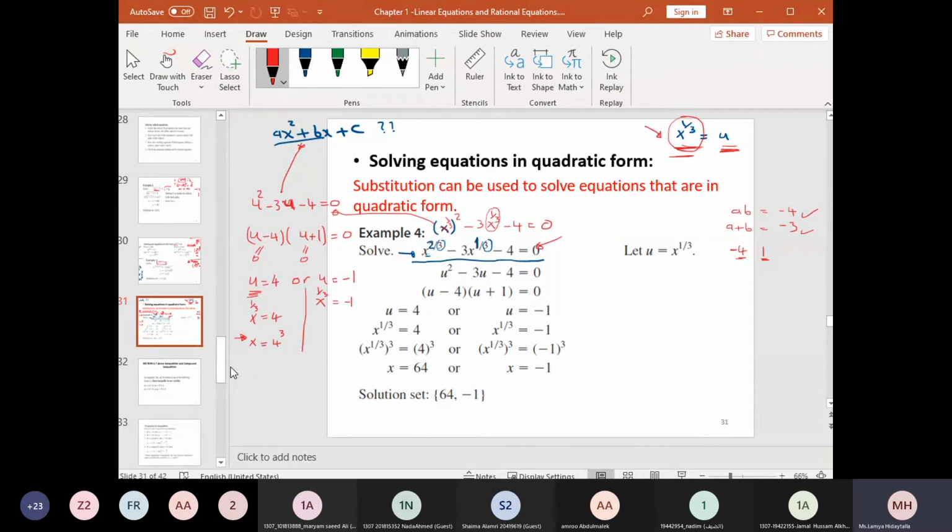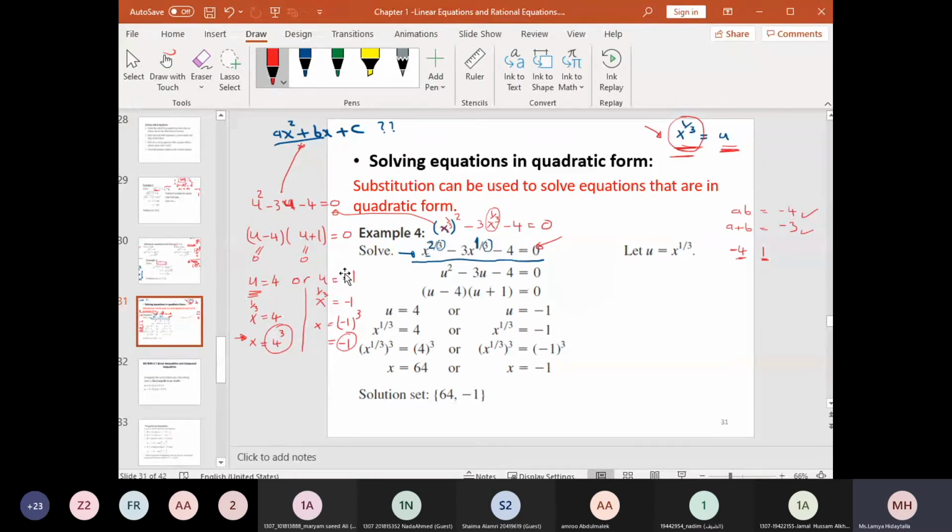So I cube both hands. So what do I have? To the power 3 to the power 3. So it's going to be x is equal to -1 to the power 3, and that is equal to -1. x equal to -1. So I have this is a solution or this one.